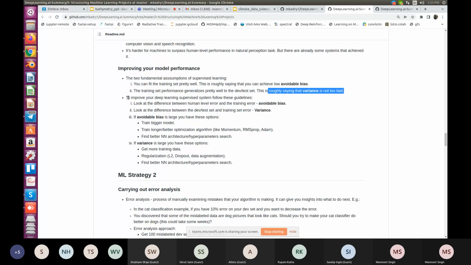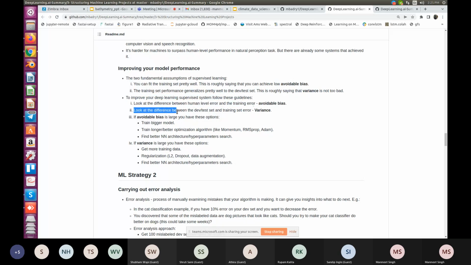There are various guidelines that you can follow to improve your deep learning based system. The first one is to look at the difference between human level error and the training error, which is the avoidable bias, what you can avoid, or basically the gap you can fill. At least you can reach up to the level of the domain expert or the humans.